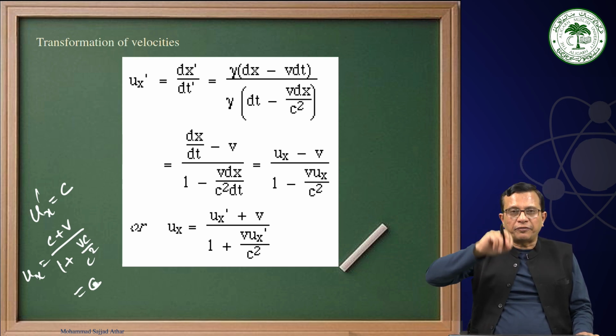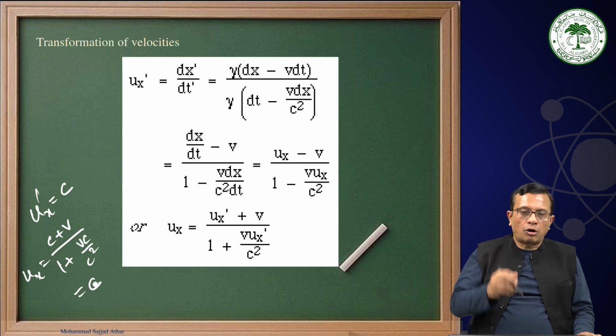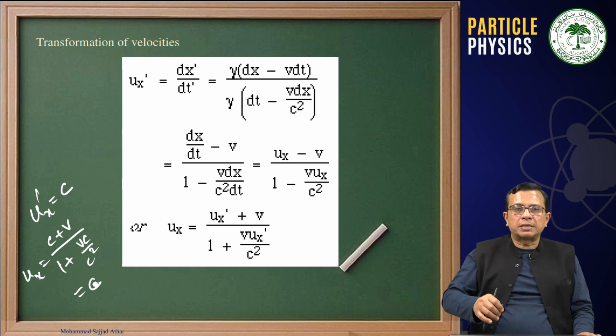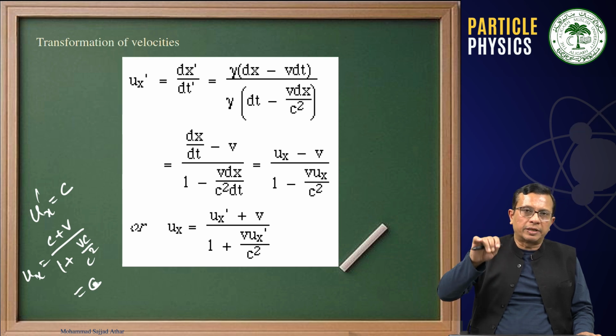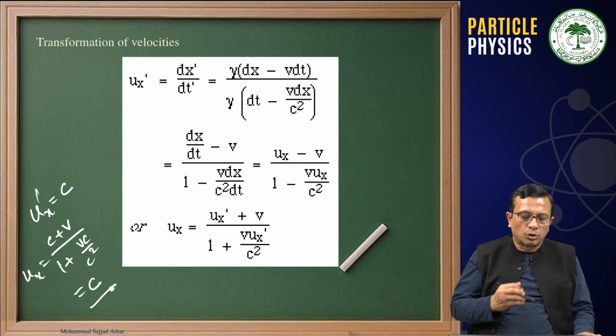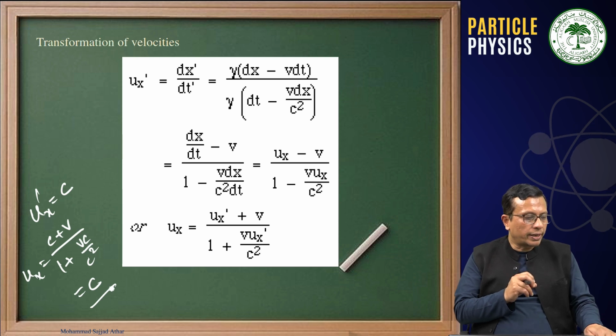Therefore, the speed of the particle measured in the frame S, if the particle in S prime was found to be moving with the speed of light, will also be the speed of light. That one has to consider.